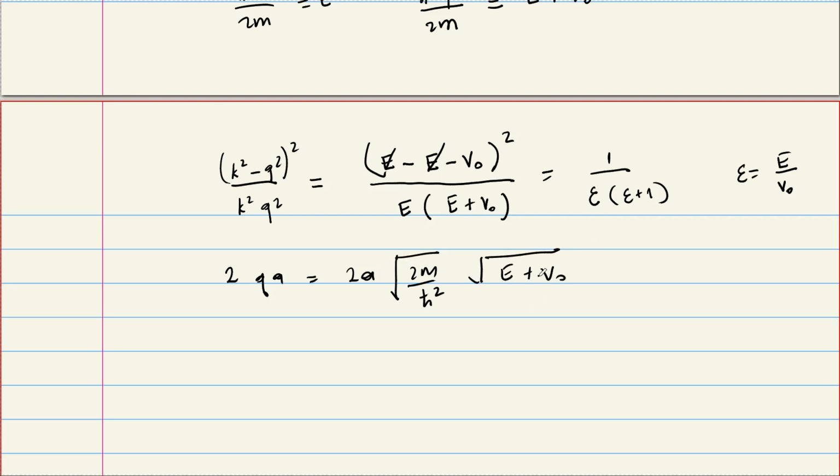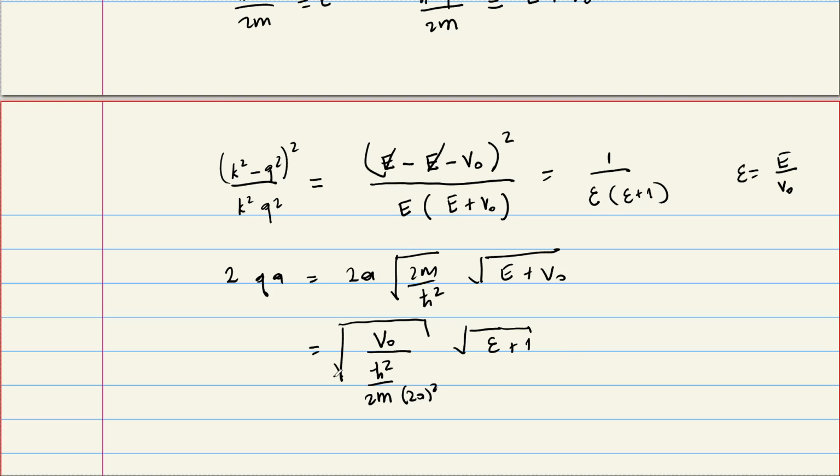And I want to move V naught outside and push 2m inside, and I can write this like this. So this is V naught divided by h bar squared over 2m, 2a squared. You can see what I called quantum energy also appeared here, and inside I have epsilon plus 1.